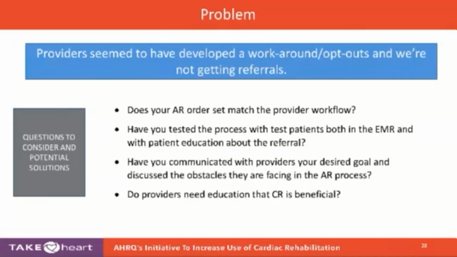So what we created for part of our automatic referral is a hard stop: if you are discharging a patient from the cardiology service or from the cardiothoracic surgery service, you have to decide whether or not you are going to place the referral to cardiac rehab.